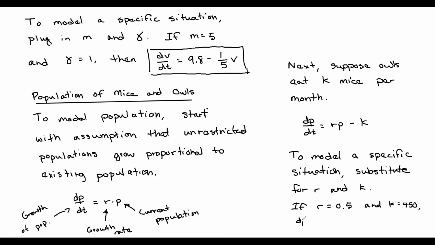Then we get dP/dt equals 0.5P minus 450. So that gives us a second equation that we can study to see its characteristics. We're not going to solve these, but we're going to study them. We'll solve them in the next section. So how do we study these? What tools can we use to interpret some information in these two cases?